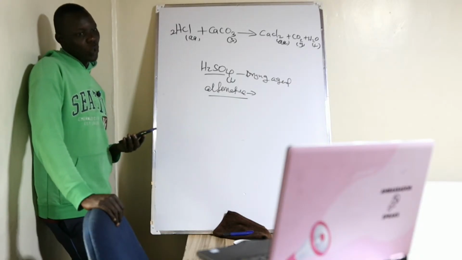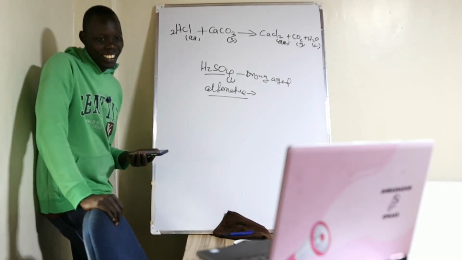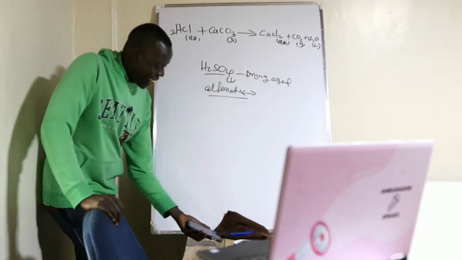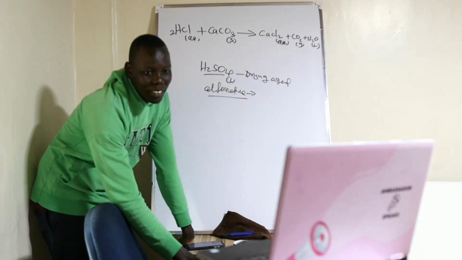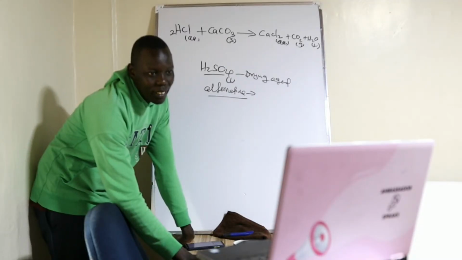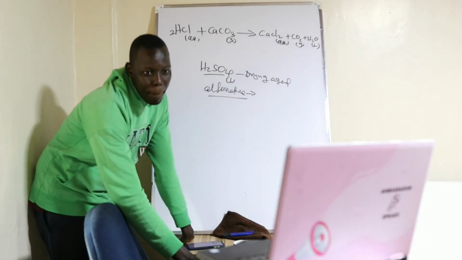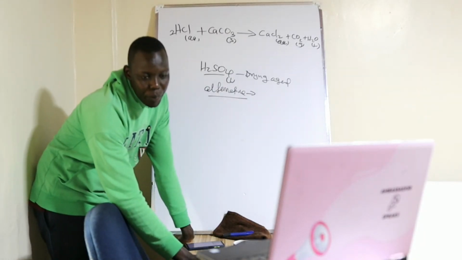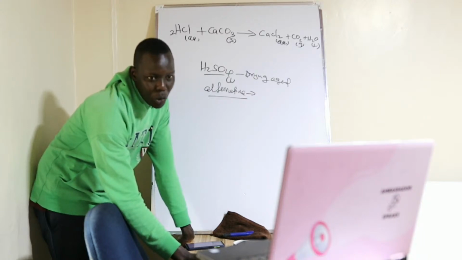When did sodium hydroxide start being a drying agent? I just want the alternative. I'm not going to jibu. Because of time, I will proceed because sioni mtu anataka kunijibu.